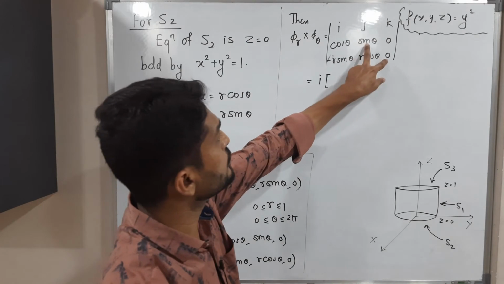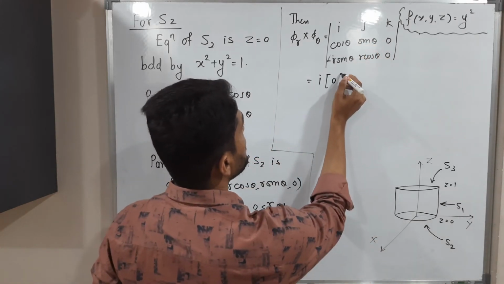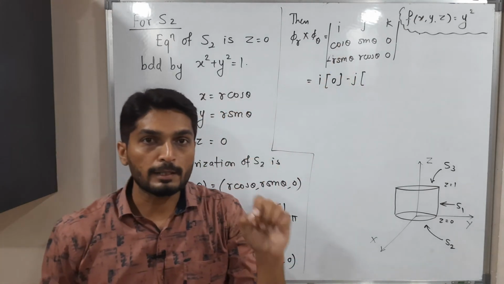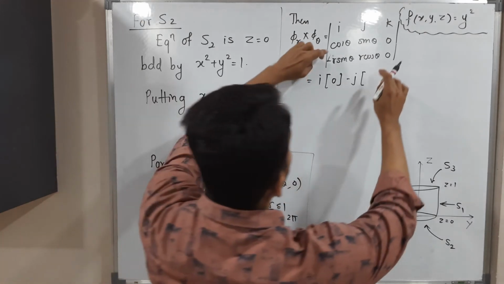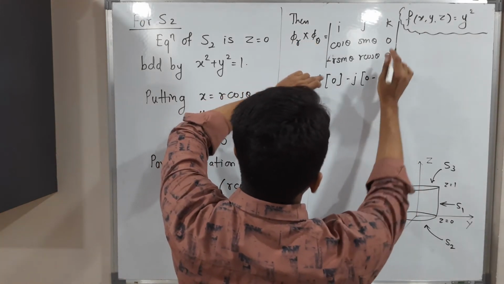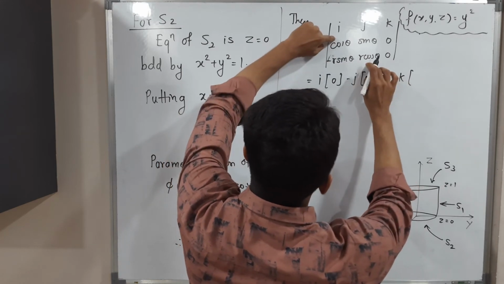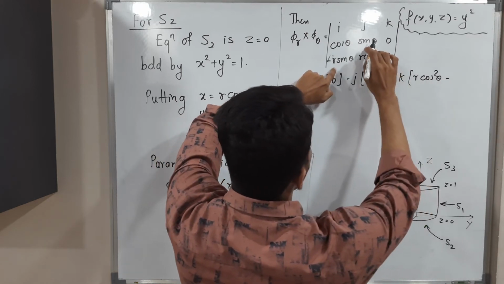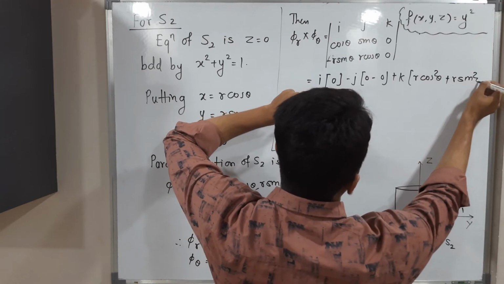Okay, the product of these two is 0 obviously, and the product of these two is 0. So obviously 0 minus j. For the middle term we always write a minus sign when we solve a 3 by 3 determinant. So j times, product of these two 0 minus product of these two 0, plus k times, r cos square theta plus r sin square theta.